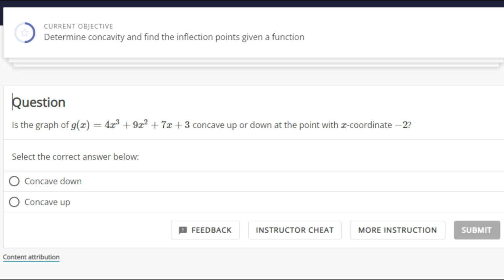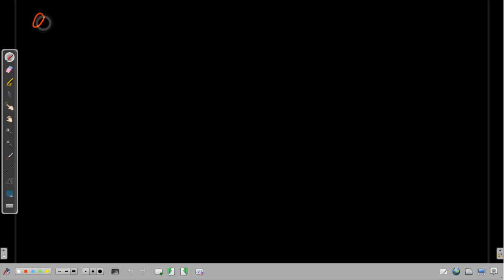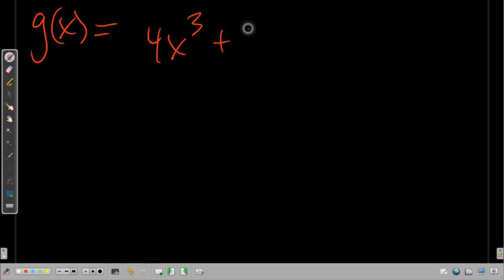Yikes. Is it concave up or down at the point with x coordinate -2? It's a cubic function, so g of x is 4x cubed plus 9x squared plus 7x plus 3.